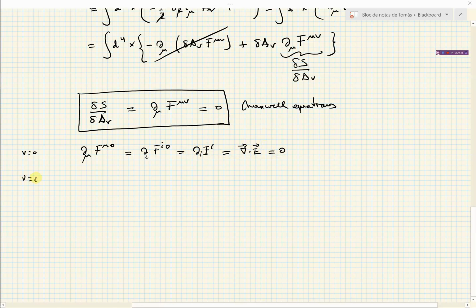Now if nu is i, then mu can be 0, but it can also be j: F j i. This is minus the electric field, minus partial 0 E i, and this is minus epsilon j i k, which I already take out of the partial derivative, partial j B k.